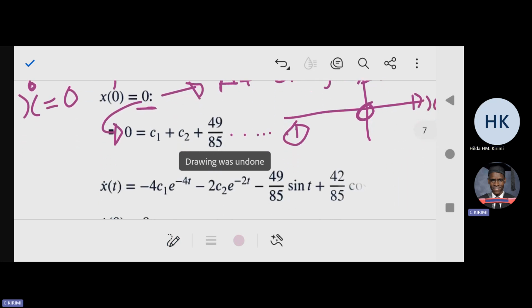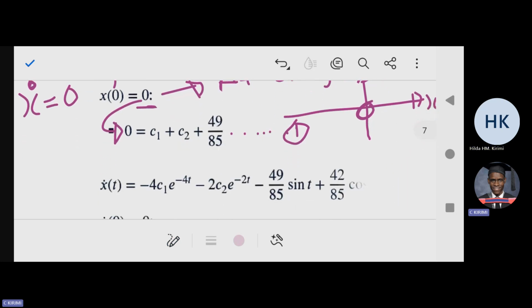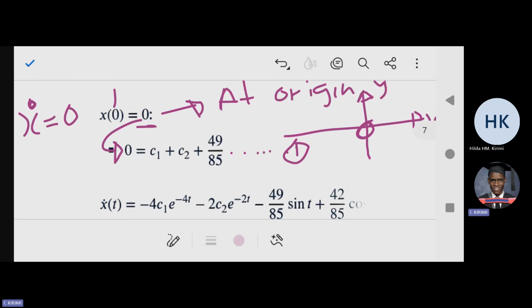So now we want the other equation. This is the differential equation now. Why are we differentiating? Because we want to know that at time naught, the particle was at rest, so the velocity was 0 at the initial time.